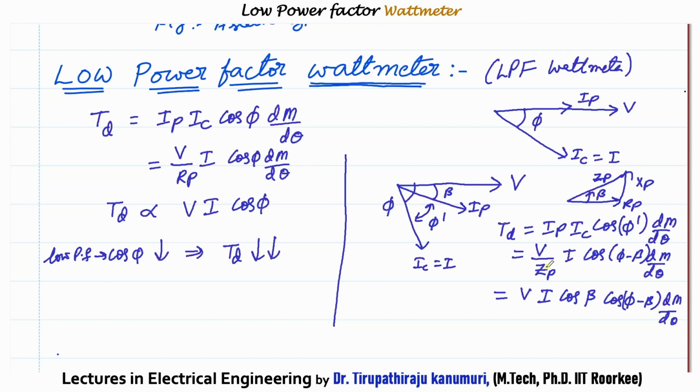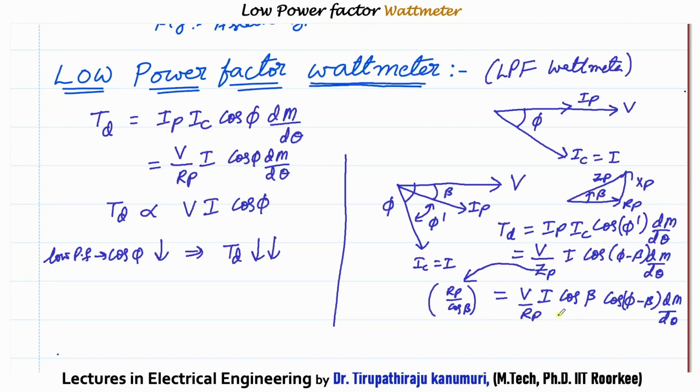How did this come? From the impedance triangle, cos beta is adjacent by hypotenuse, adjacent is Rp by ZP, so the value of ZP I can write as Rp divided by cos beta. When you substitute it here, this will come as V into I into cos beta into cos of phi minus beta divided by Rp.